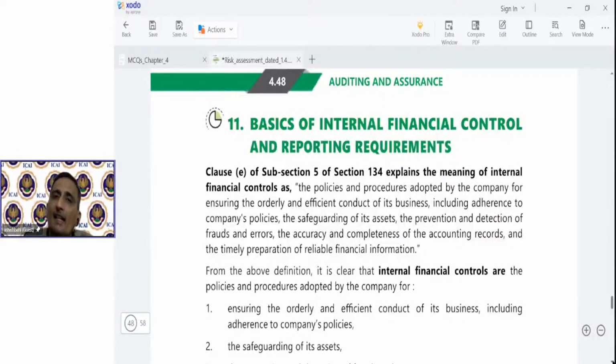You would be required to go there, whatever your terms of engagement have been decided, evaluate the systems, give suggestions to the management, and give your reports. So clear? Yes. The names of SIAs are written there in your module.